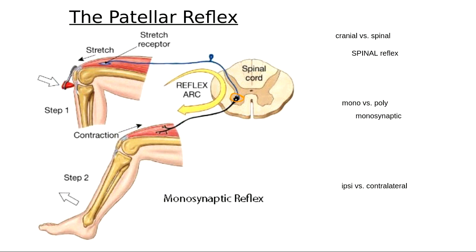Which type of neuron do I not have since this is a monosynaptic reflex? Yes, lots of us are telling us here in our chat that we are missing an interneuron. When you are working on the lab this week, we didn't talk a lot about reflexes during our class time yesterday. But it talks about how the patellar reflex is pretty much the fastest reflex in the body. Part of why it's so fast is because I have no interneuron.